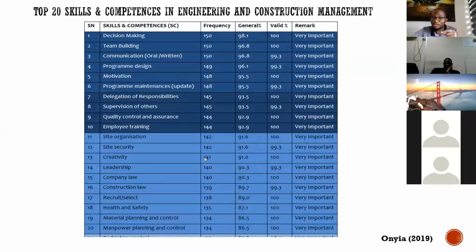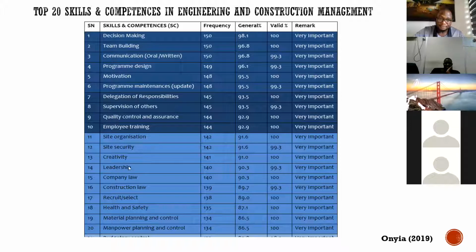So don't look at their positions on the table, but look at their importance, because most of them are scoring. Look at the percentage, most of them are very high. But if you look at the serial ranking, then you will have a problem with them. But look at the score that they are hitting. They are actually considered very, very important, just that some have to stand above others.